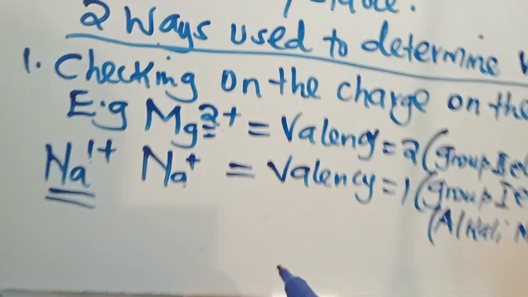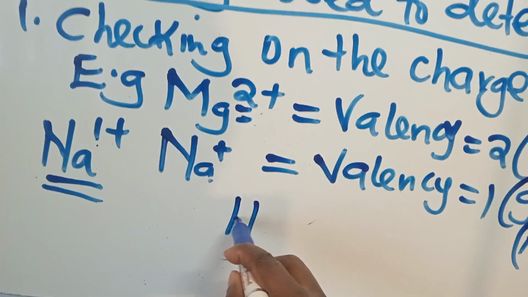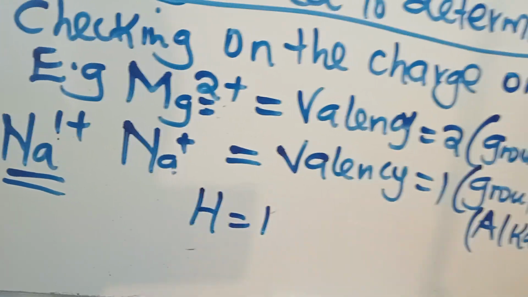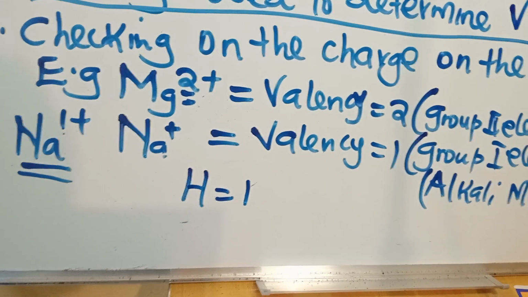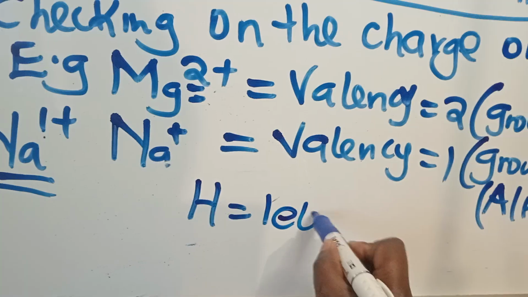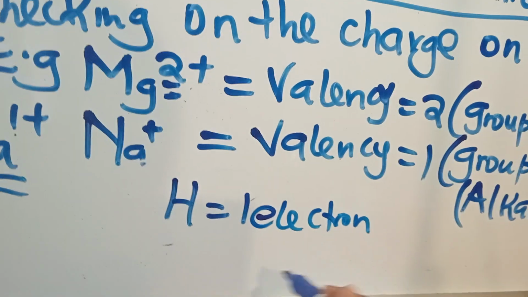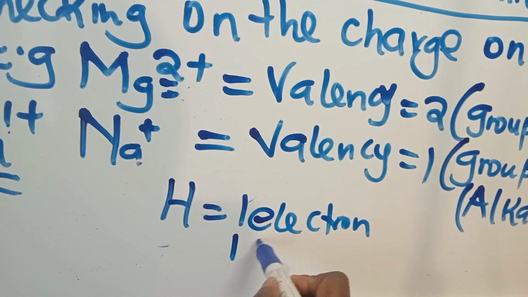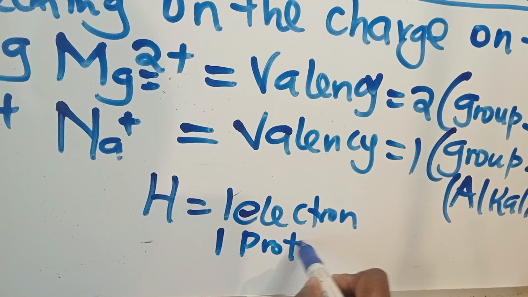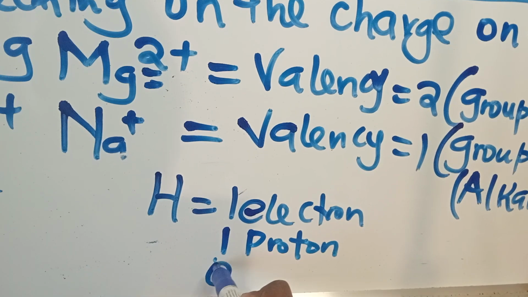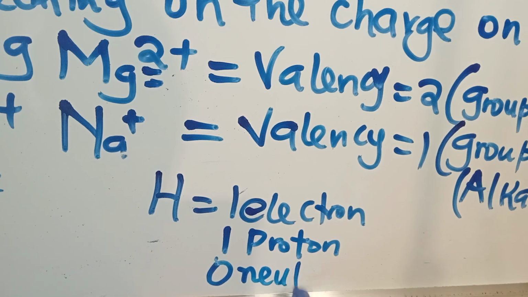Check on this. Hydrogen has only one electron. It has one proton. It has 0 neutrons.